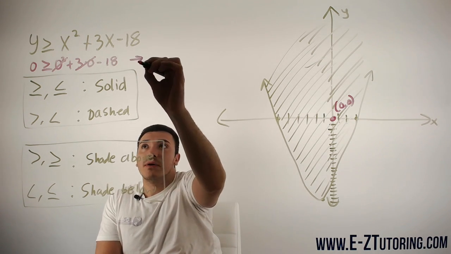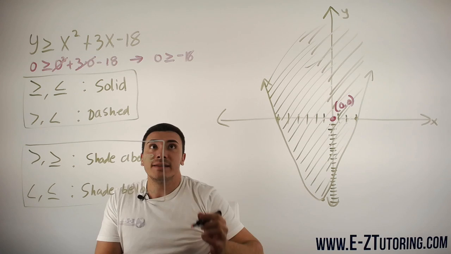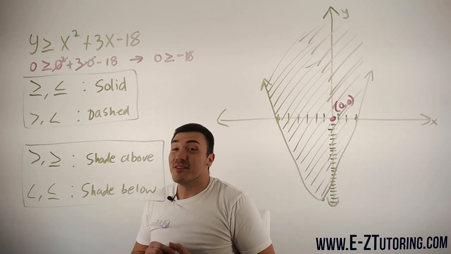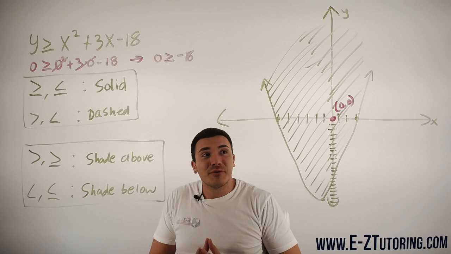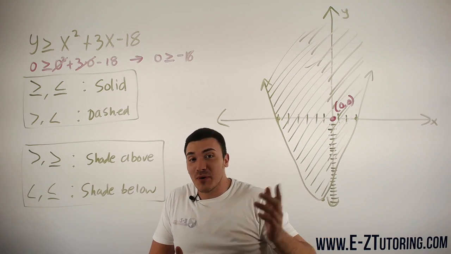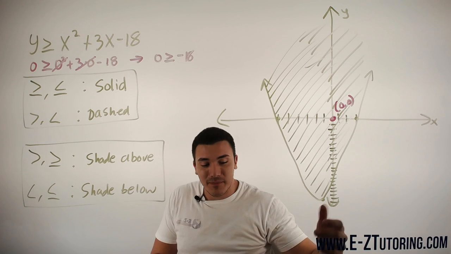So now, is 0 greater than or equal to negative 18? It sure is. So because it satisfied the inequality, therefore this point is part of your solution, and that would tell you that you have to shade inside.